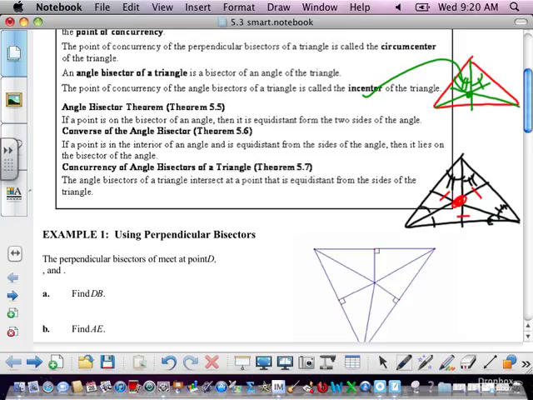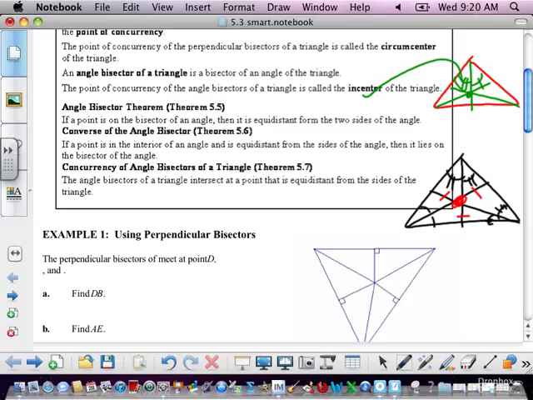So now I'm drawing a little picture. It cuts all my angles in half. It is equal distance to all the sides. I highly recommend you write these things down.